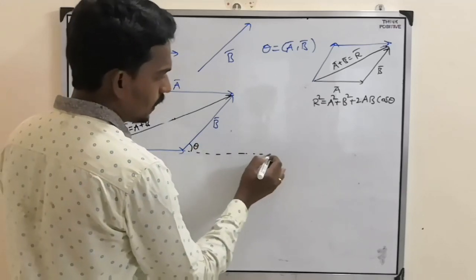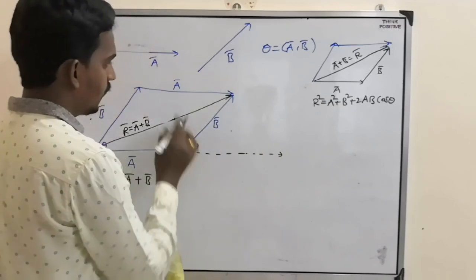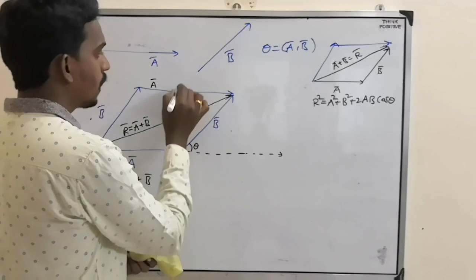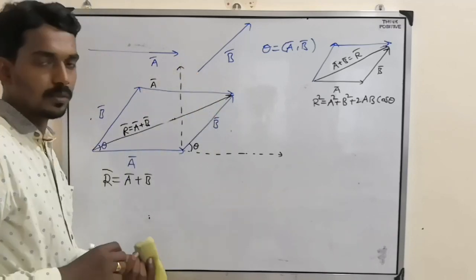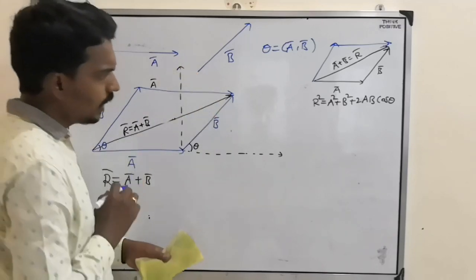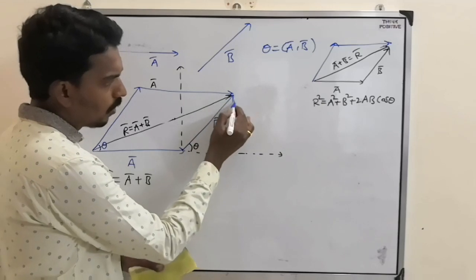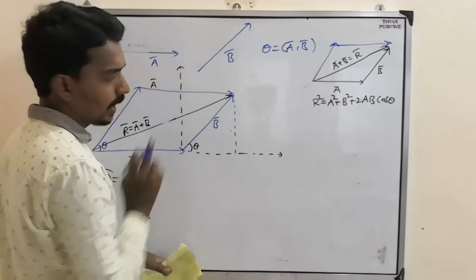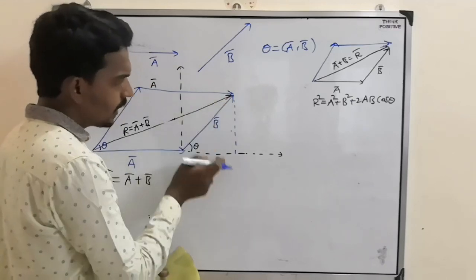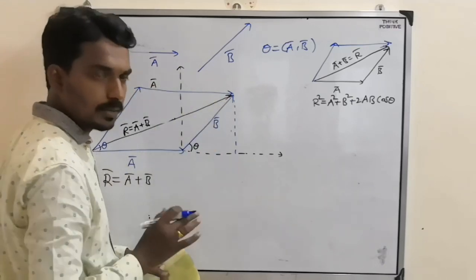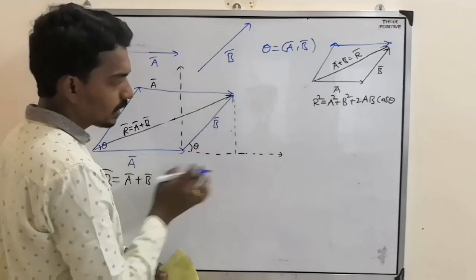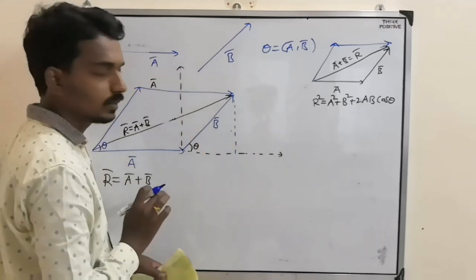Now, let's take this is one direction, and this is one perpendicular to that one. Now what I will do is draw a perpendicular, like this is the x-axis, this is the y-axis. Now B bar is in the xy plane. For example, I am telling, you can consider yz, anything. But this is the vector in this plane.